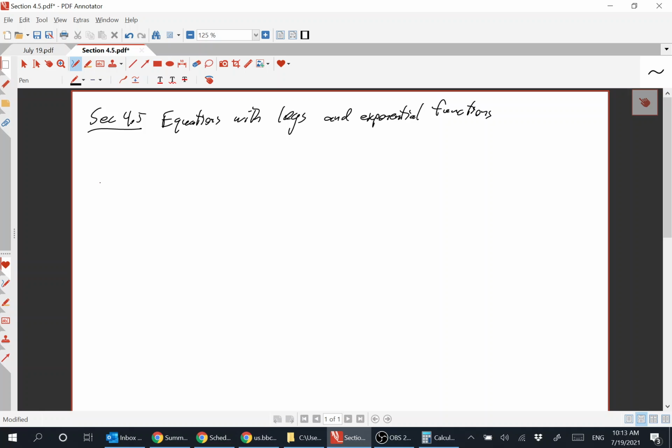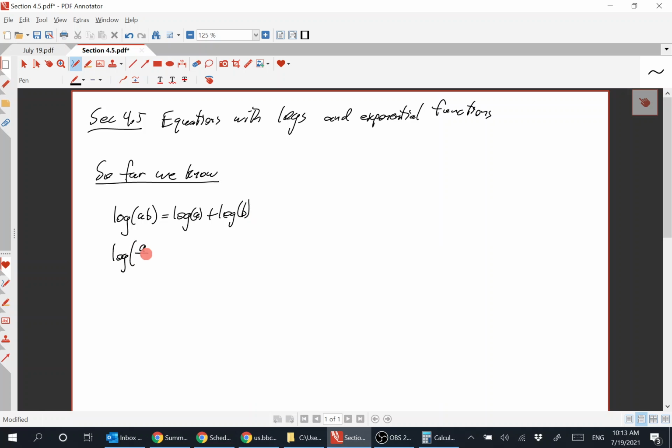So let's write down what we know so far. For any base, the log of a times b is the log of a plus the log of b.